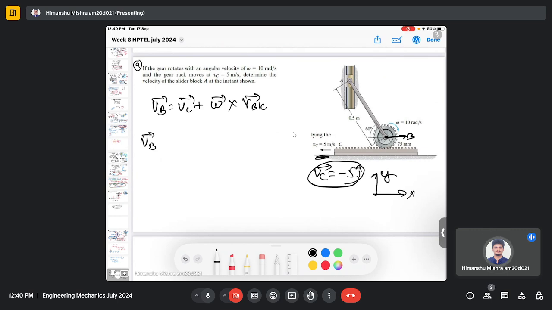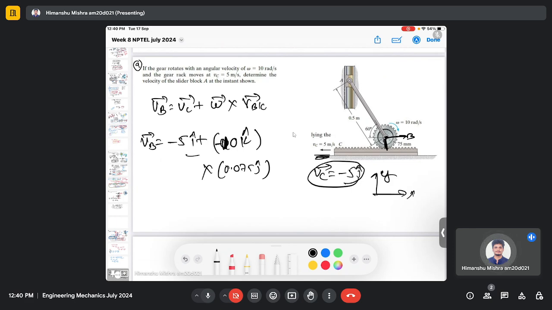So my velocity vector equals minus 5 i, plus omega in the k direction, which is 10 k. It is in negative direction, but it's a clockwise rotation, cross product with this distance, which is 0.075 in the y direction.